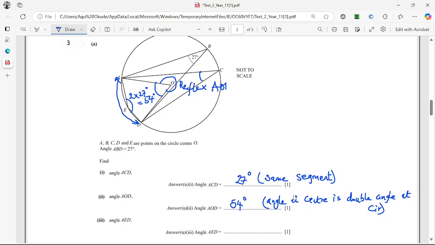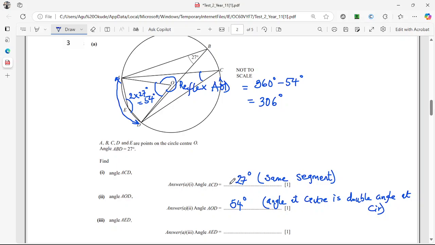Because I have 54 right here, and the angle at a point is 360, I'll do 360 minus 54, and that gives me 306. So that is the reflex AOD.